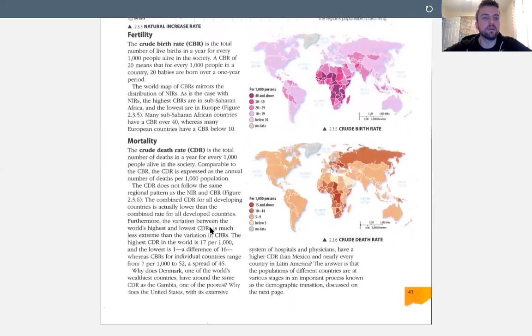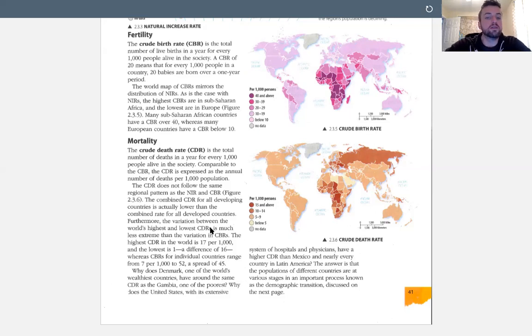Mortality. The crude death rate is the total number of deaths in a year for every 1,000 people alive in the society. Comparable to the crude birth rate, the crude death rate is expressed as the annual number of deaths per 1,000 in the population.